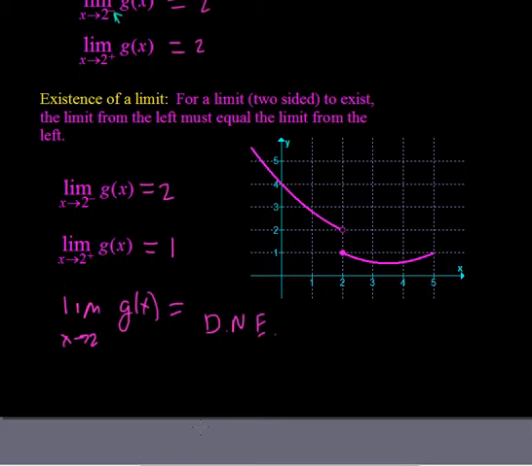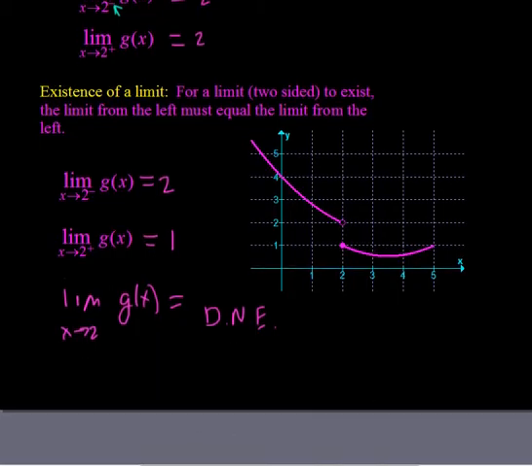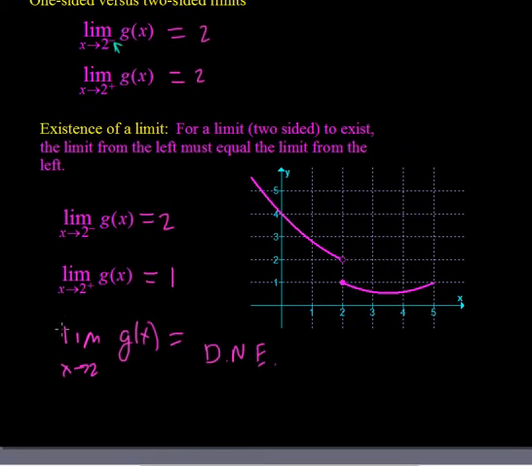Okay, so next we'll take a look at another way of finding limits, and that would be by taking them numerically. So if we want to find the limit numerically, we'll take a look at another function.